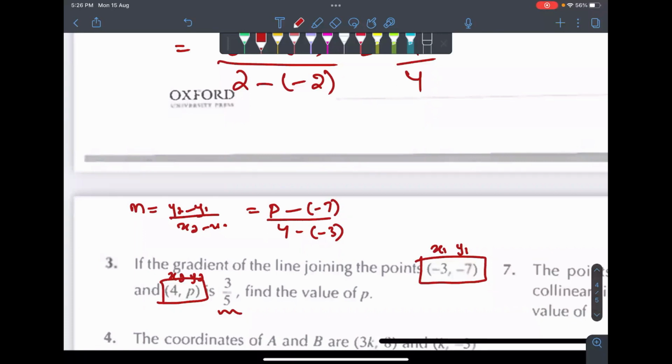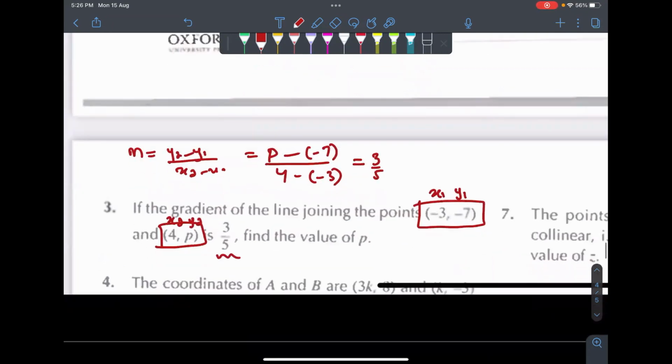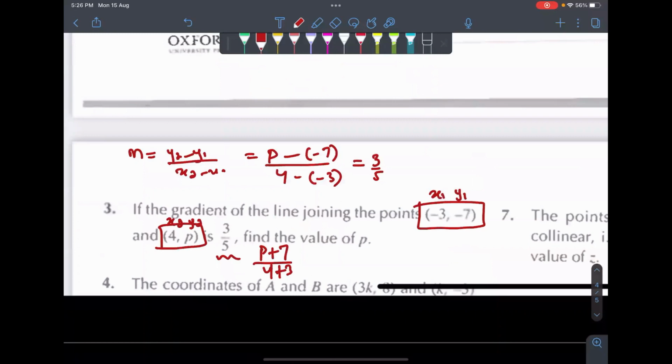Now, in this part, we already have the gradient, so we will equate this to 3 upon 5. Let's first simplify: minus p plus 7 upon 4 plus 3 equals 3 upon 5. We will cross multiply now.